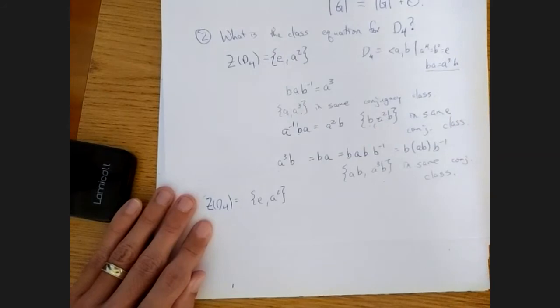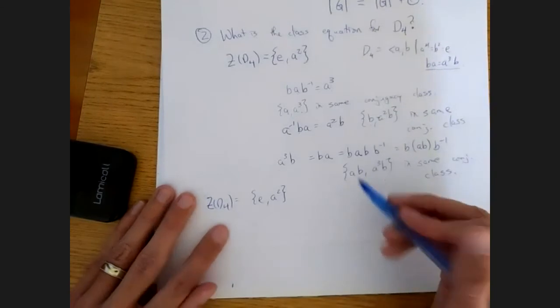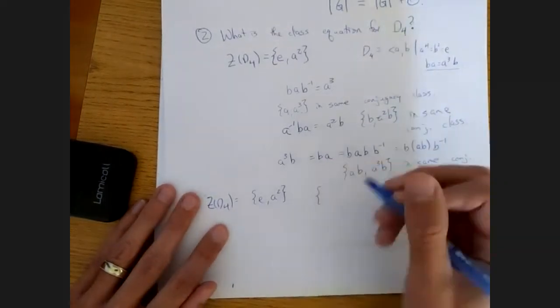So this is the center, and then your other possible conjugacy classes are going to be these.